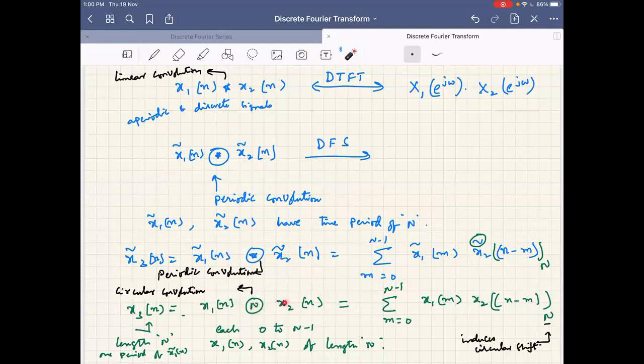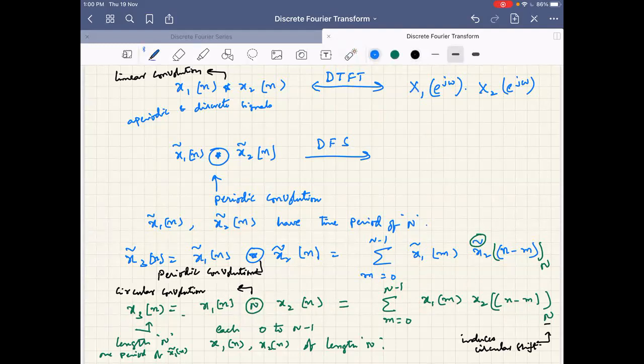Usually, the higher of these two is preferred to have a frequency domain representation conveniently. Okay, we will discuss the implications of the discrete Fourier transform of this x3 of n now. So far we have not discussed what will happen if we do a circular convolution in time domain. How does it reflect in the frequency domain? Okay, we will come to that discussion now.